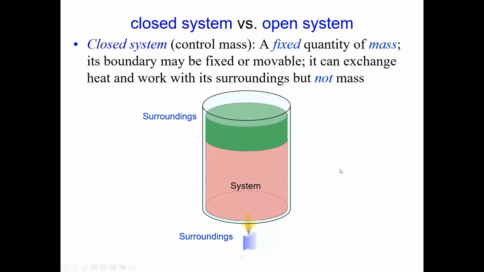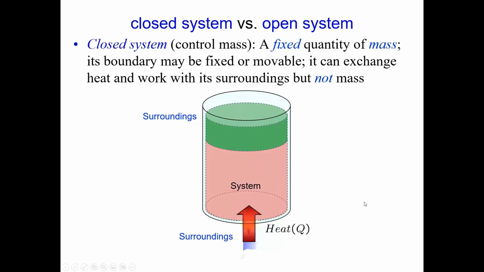So for a closed system, its boundary can be fixed or movable. And a closed system can exchange heat and work with its surroundings. Again, let's use this air enclosed in this piston cylinder as an example. In such a process, when the air is being heated up and expands, you can see there is heat transfer between the system and its surroundings.